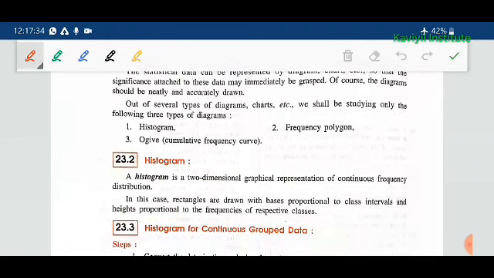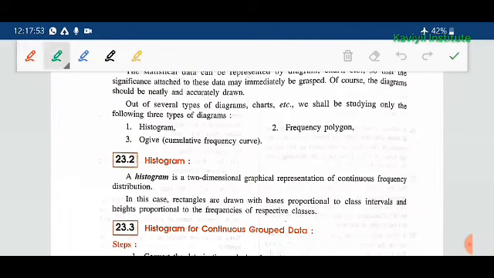So, histogram. A histogram is a two-dimensional graphical representation of a continuous frequency distribution. In this case, rectangles are drawn with bases proportional to the class interval and heights proportional to the frequencies of the respective classes.